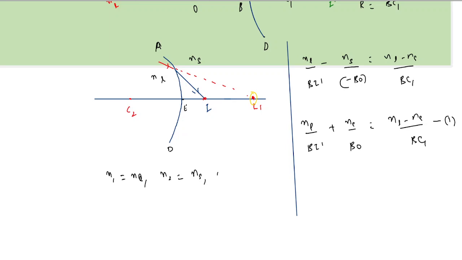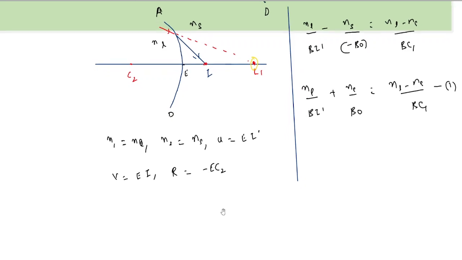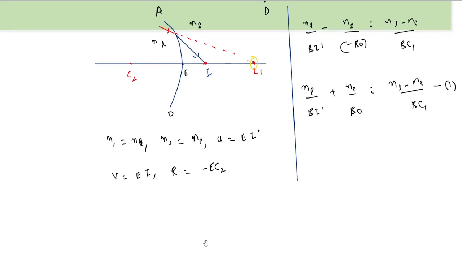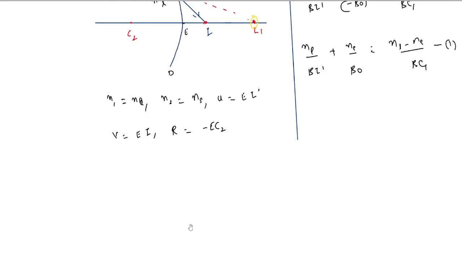By sign convention, u is equal to EI dash and then v is equal to EI and then R here is equal to minus of EC2 by sign convention. I'll tell you why we're using sign convention here also. It will become clear after derivation is done.